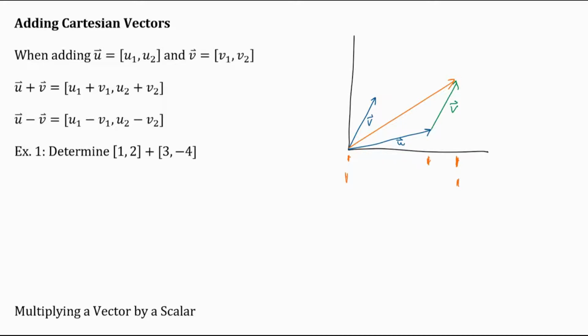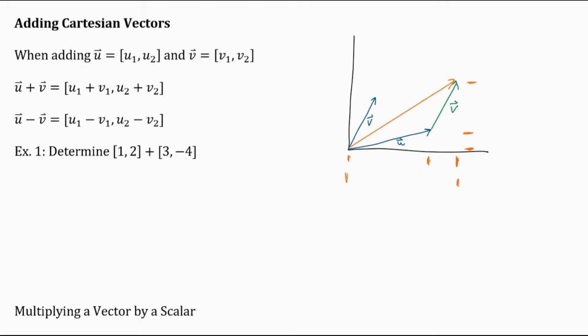And same thing, the vertical component of u plus the vertical component of v gives me the vertical component of the resultant vector. So that means that vector u plus vector v is, the x value or the horizontal value of each vector added to give you the x value of the resultant vector, and the y values, the vertical components, to give you the vertical component of the resultant vector.